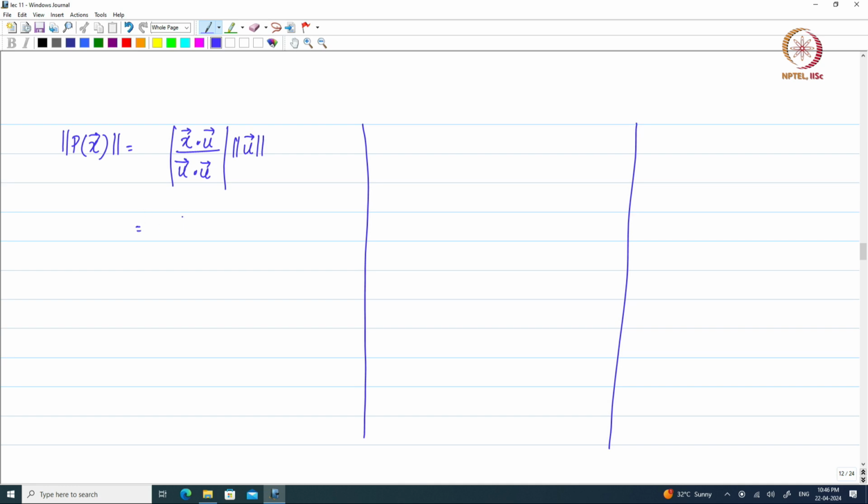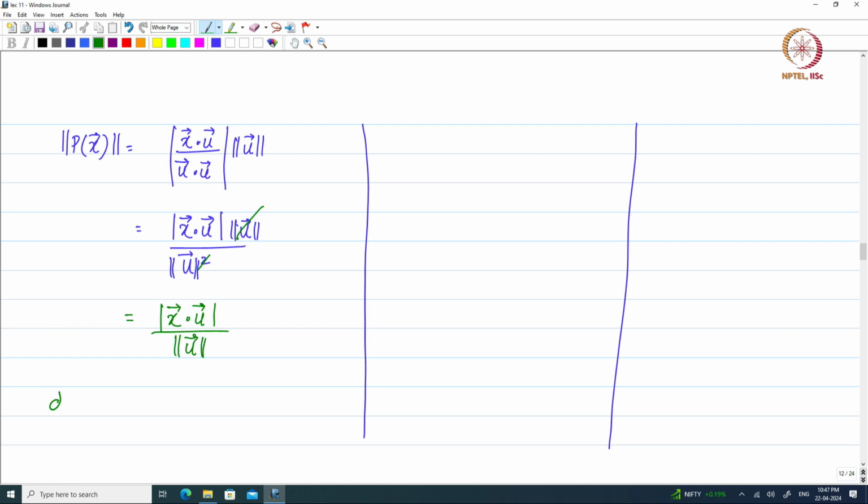We know that u dot u is nothing but the length of u squared, so this and this get knocked out. What we have is the absolute value of x dot u divided by the length of the vector u.